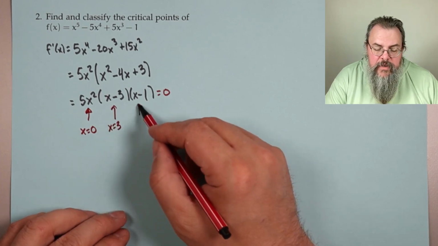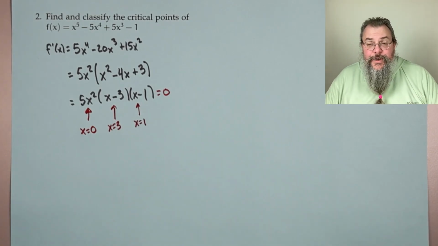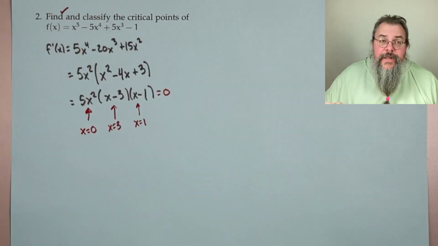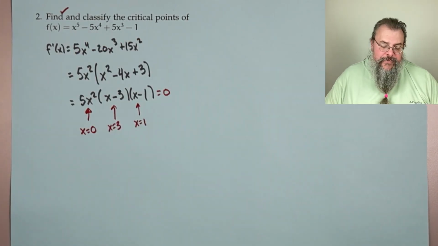And x minus 1 could be 0 at x equals 1. We've finished that step. Now, how to classify?